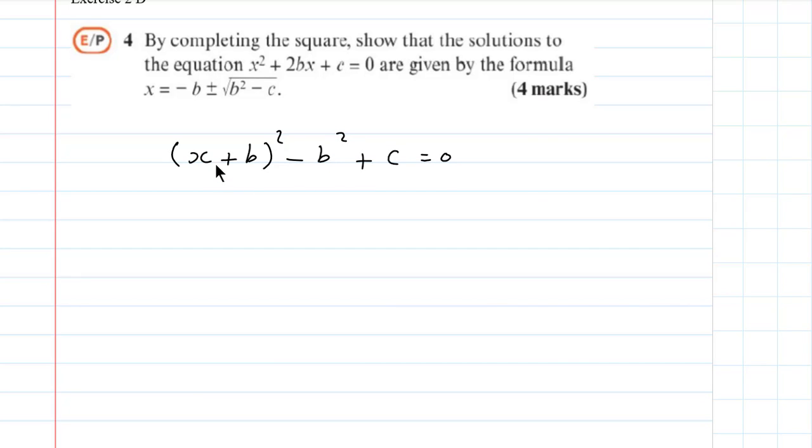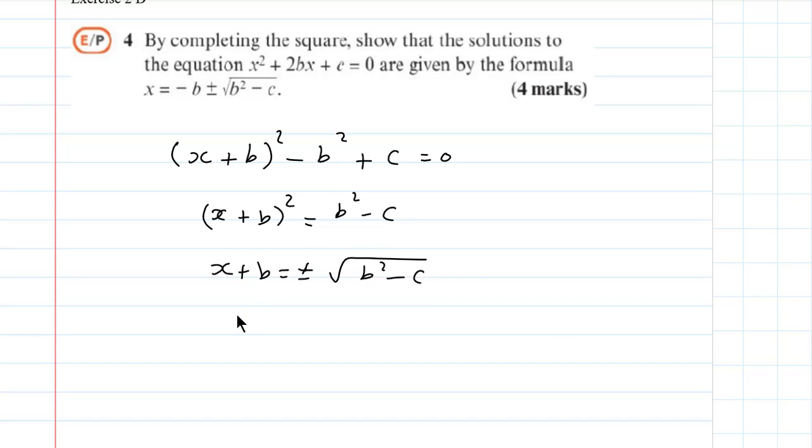So I will keep here x plus b all squared. Taking the square root, we have x plus b equals positive or negative square root of b squared minus c, and finally move b to the other side. x will be negative b plus or minus square root of b squared minus c, right, as required.